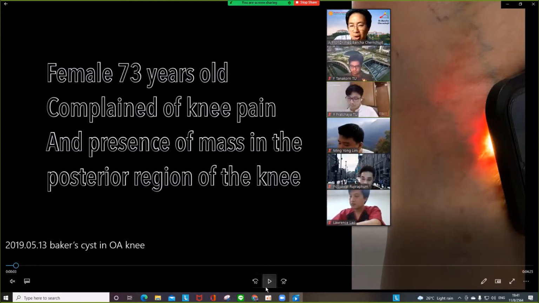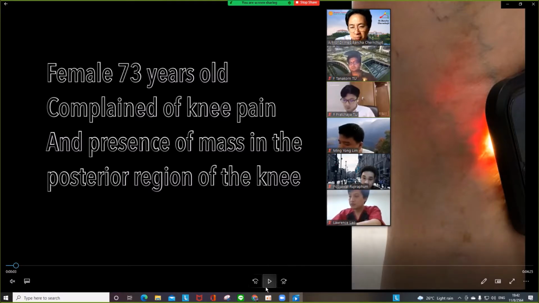So look for the cause of the synovitis, because most of the cases have a cartilage problem, and the number one cartilage problem is osteoarthritis, right? Don't forget to look for synovial disease like rheumatoid, synovial chondromatosis, PVNS, something like that, that produces a lot of fluid. And also the meniscus.